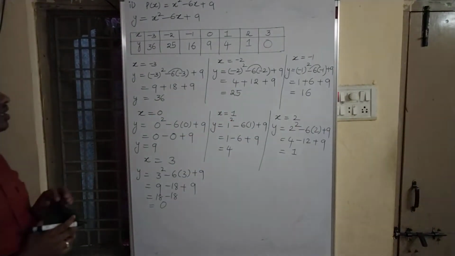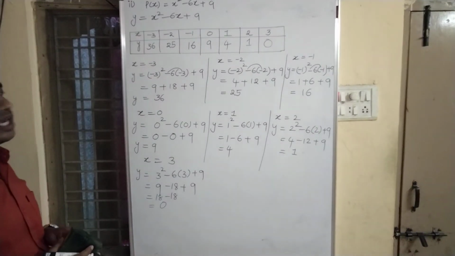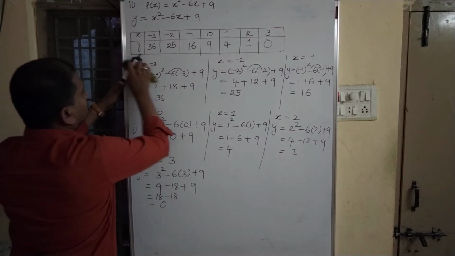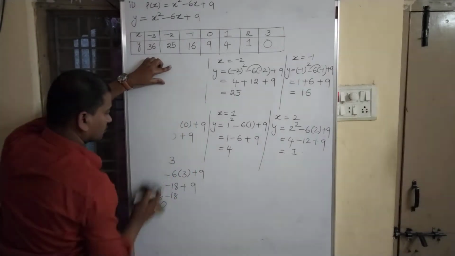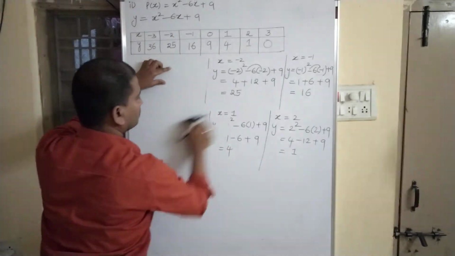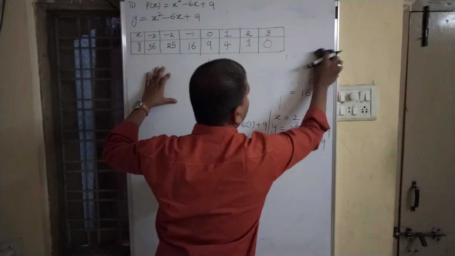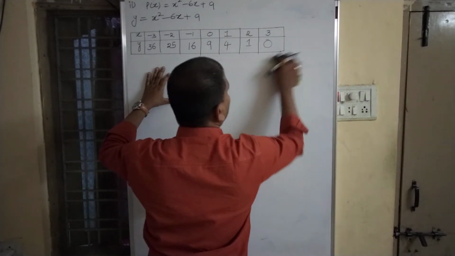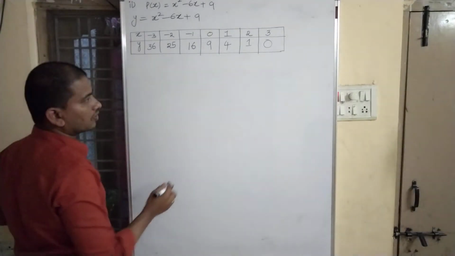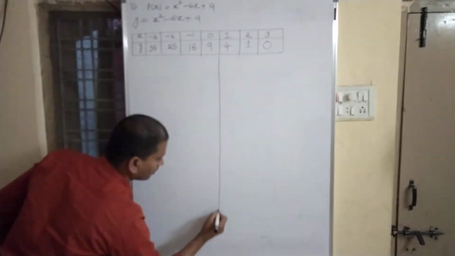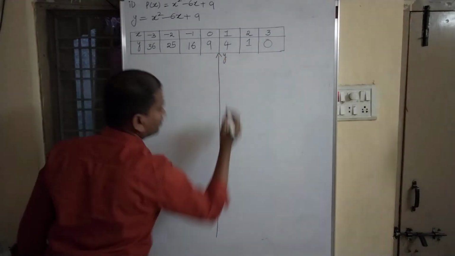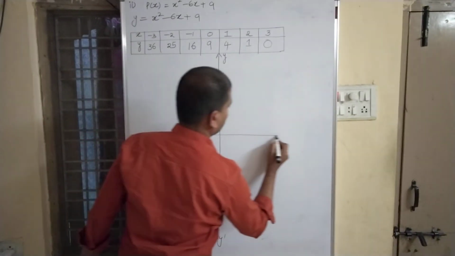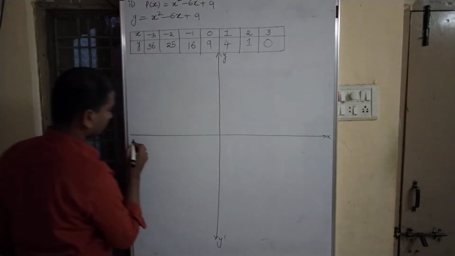Okay, we got the coordinate points. Let us locate these points on a graph paper. This is our y-axis, and this is our x-axis.